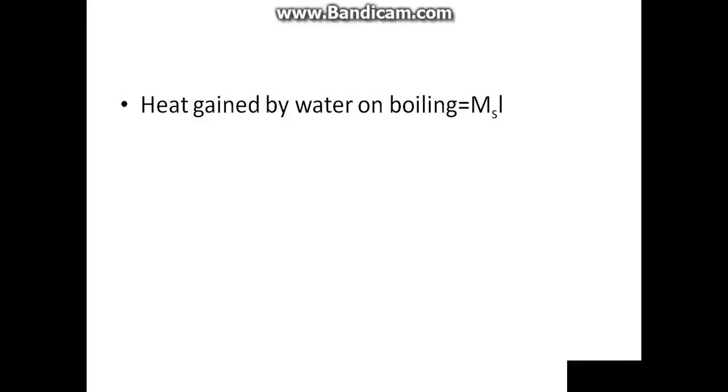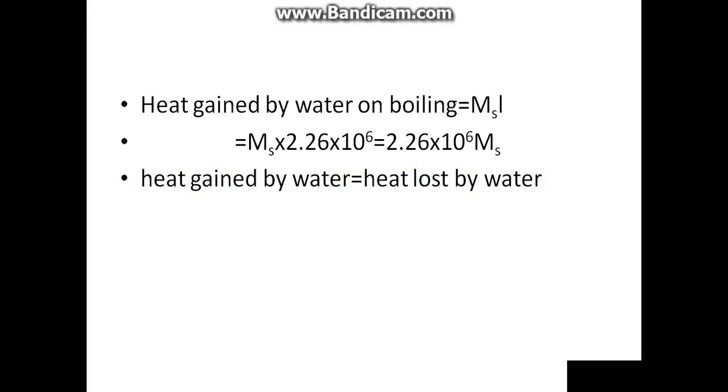Heat gained by water on boiling is equal to Ms L, which is Ms times 2.26 times 10 raised to power 6. Heat gained equals heat lost. 78,750 plus 2.26 times 10 raised to power 6 Ms is equal to 102,000.